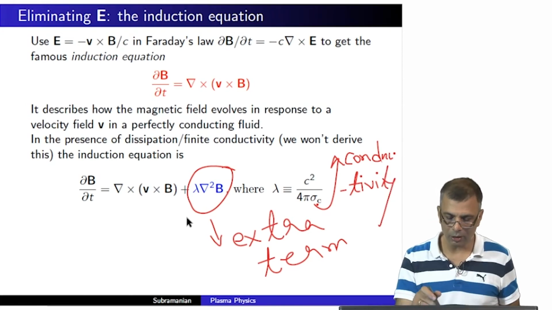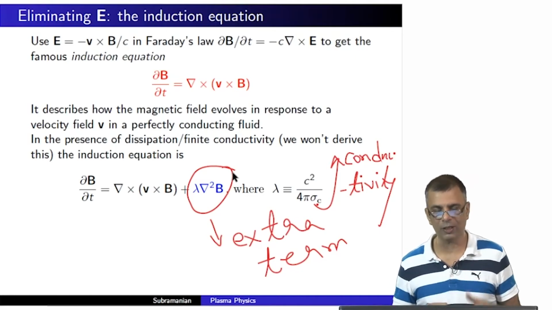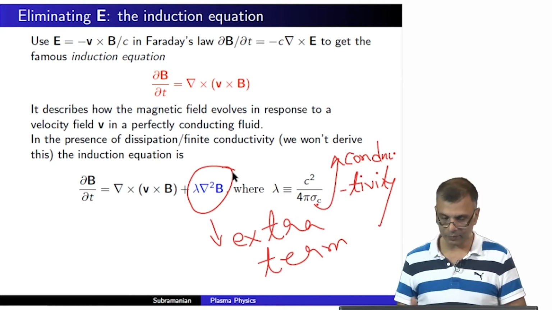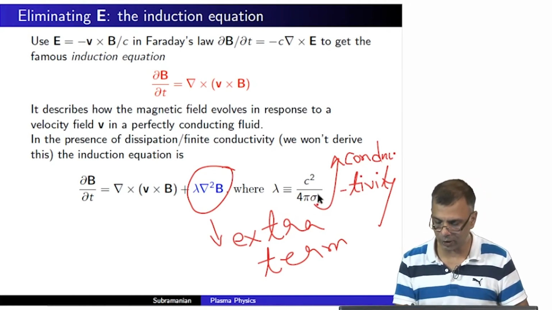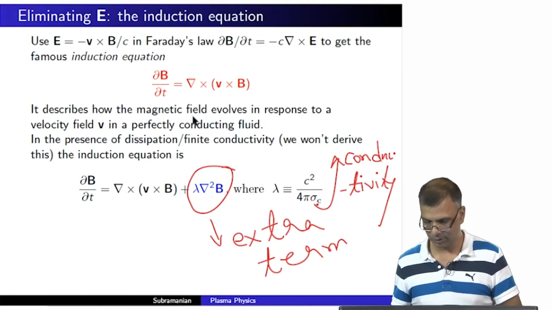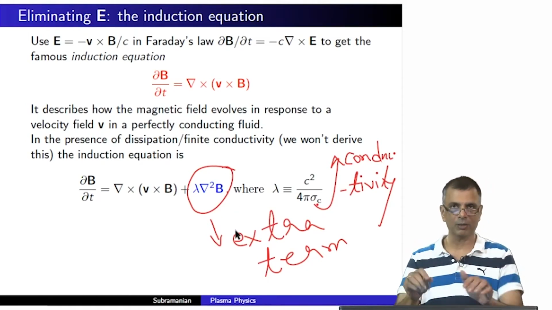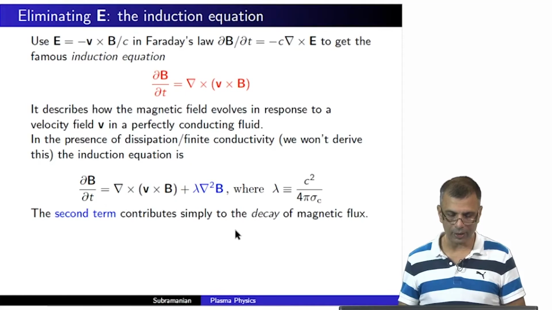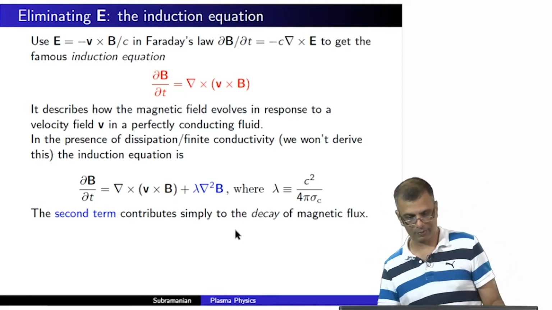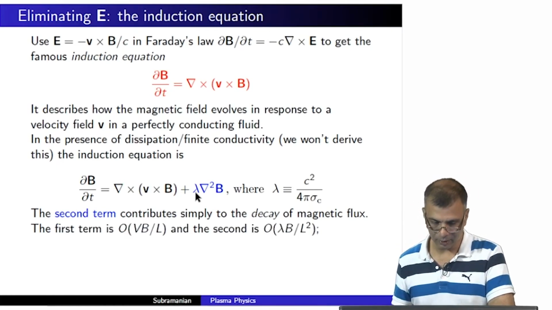Okay. So, this term in blue gives you the effects of finite conductivity or finite resistivity, however you choose to look at it. If the conductivity is infinite, then this lambda would tend to 0 and you would have the plain vanilla induction equation. And we derived this induction equation, we did not make any attempt to derive this extra piece, I am simply stating this. Okay. Right. The second term in blue contributes simply to the decay of magnetic flux. We will see how.